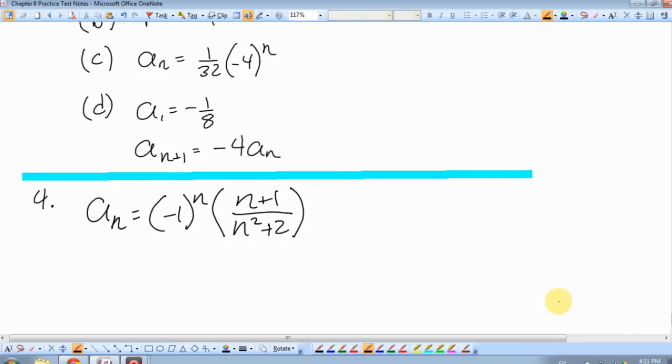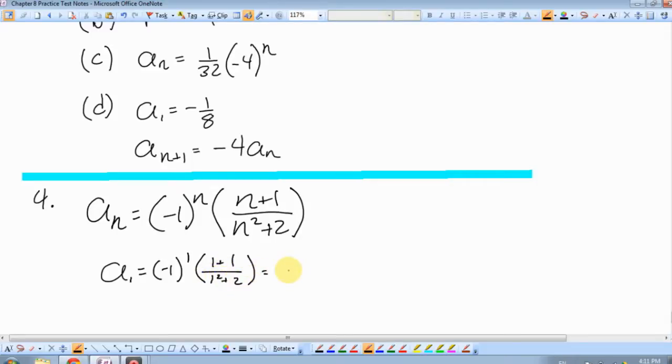Okay, so let's write our first few terms. When n equals 1, sorry, we didn't need to write all that. We could just say a1. a1 equals (-1) to the first power, times (1 plus 1) over (1 squared plus 2).